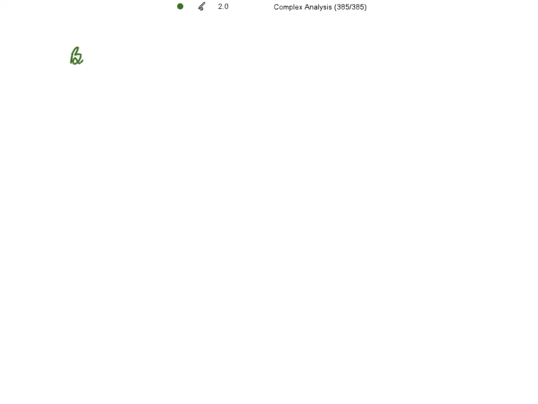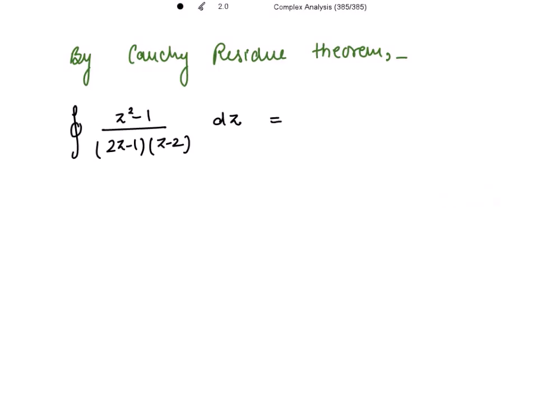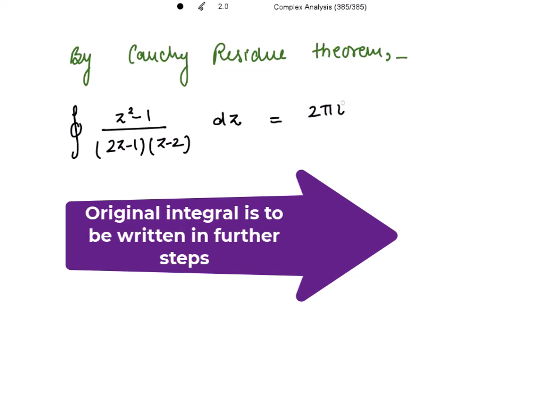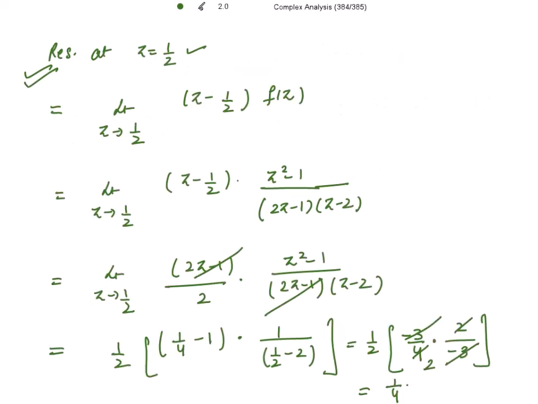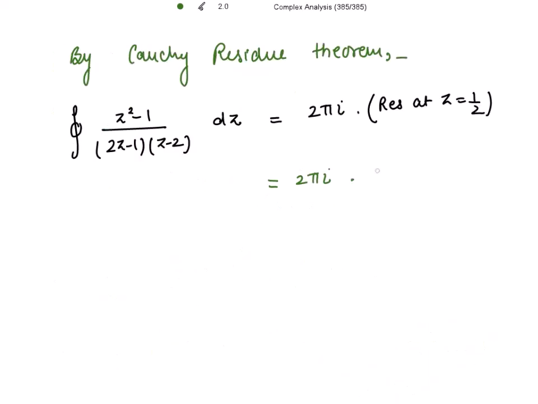So by Cauchy's residue theorem, integral is equal to 2 pi iota into the residue at z equal to 1/2. So this is equal to 2 pi iota into, what is the residue for this? It is 1 by 4.